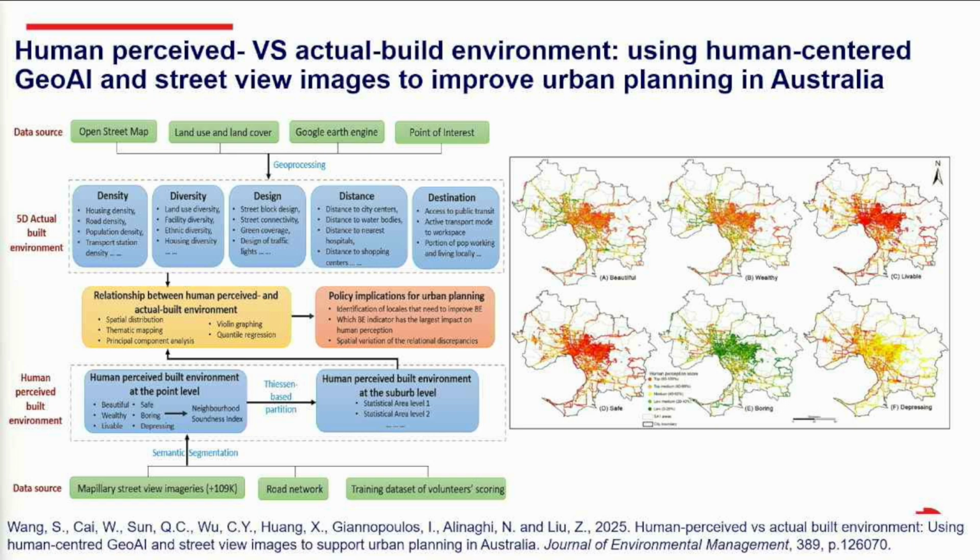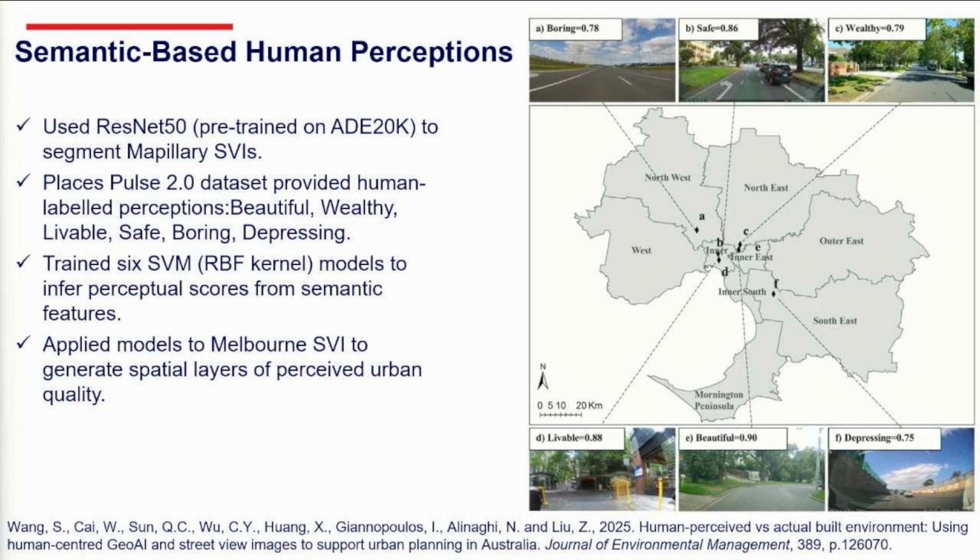And then linked again to the built information model, the indicators from the 5D actual built environment indicators, and then linked to different streets in Melbourne. So this kind of information gives a very detailed picture, not only of the physical built urban informatics, but also how people feel in different areas.